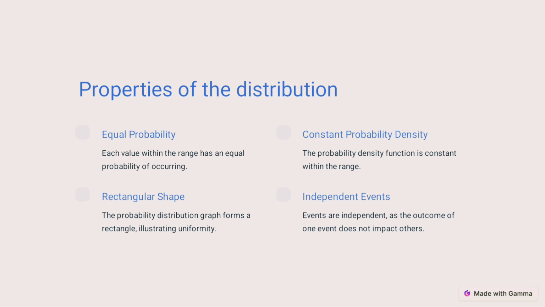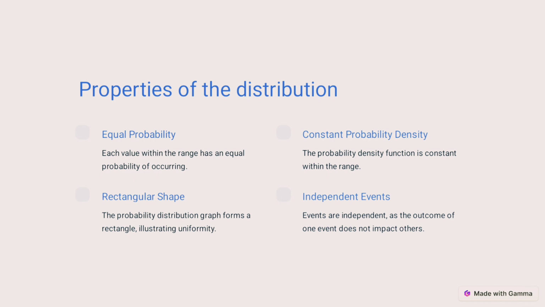The next property is a rectangular shape. The probability distribution graph forms a rectangle, illustrating uniformity, meaning the graph is represented in the form of a rectangular shape. Next is independent events: the outcome of one event does not impact another.